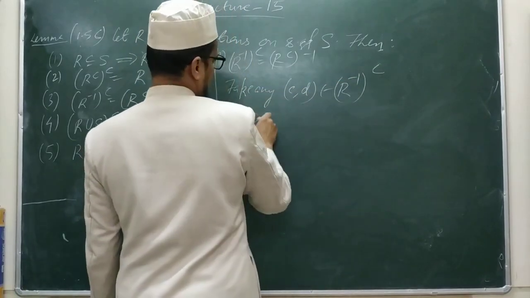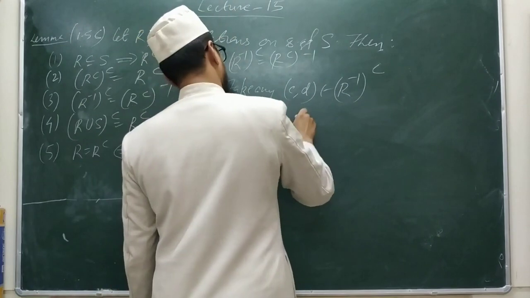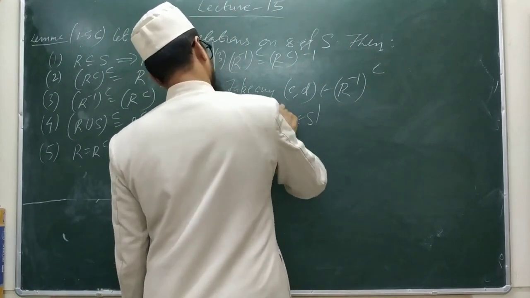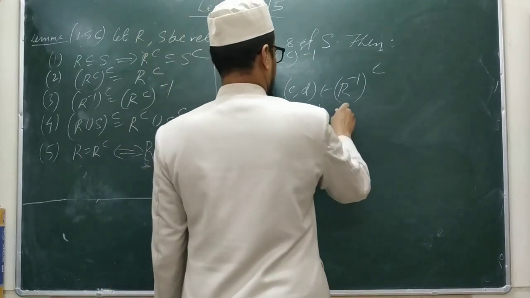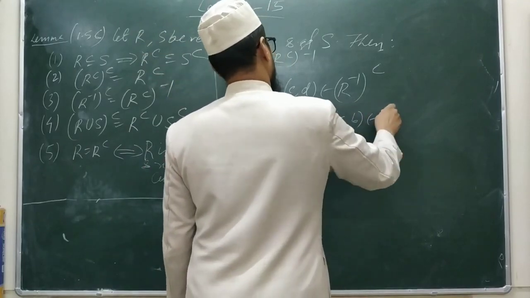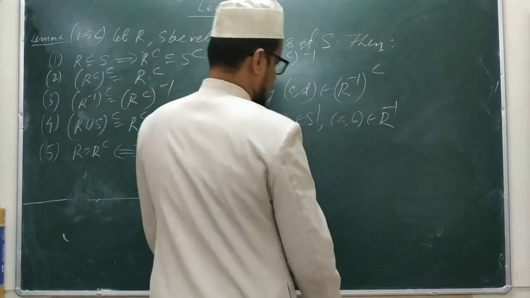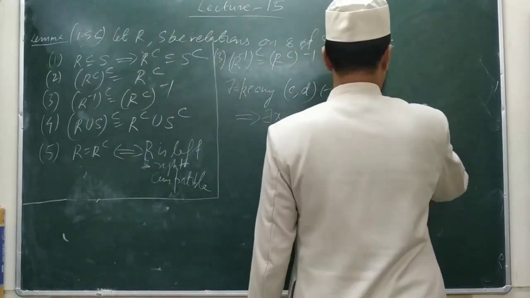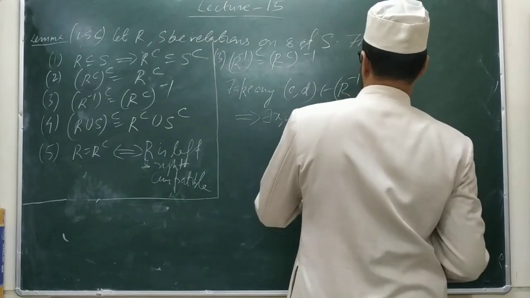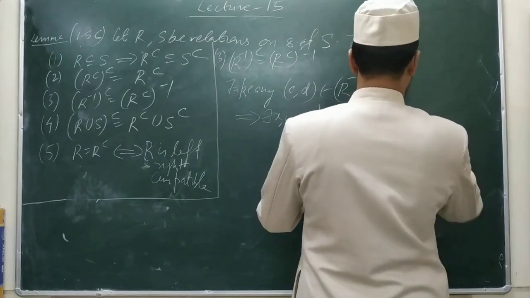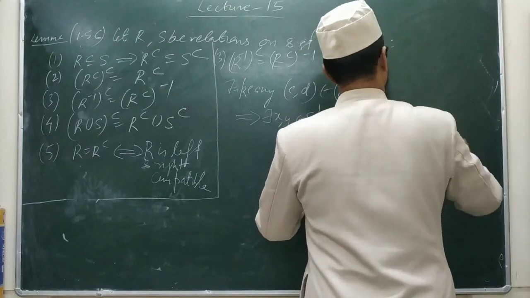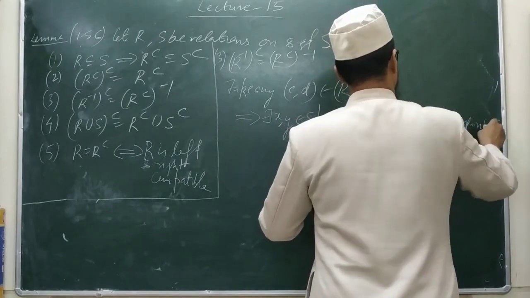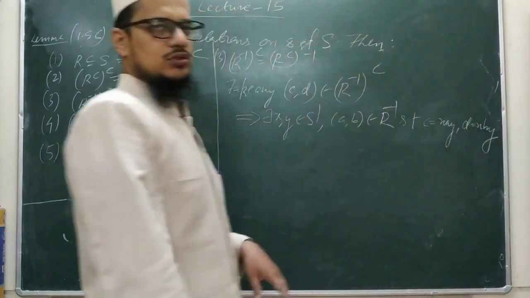It implies that there exists X, Y belonging to S1 and A, B belonging to R converse such that C is equal to XAY and D is equal to XBY. This is the situation.